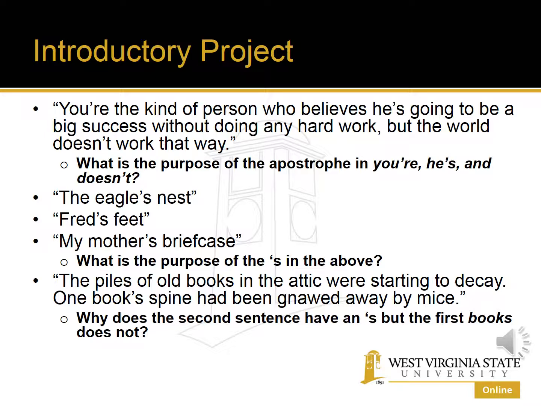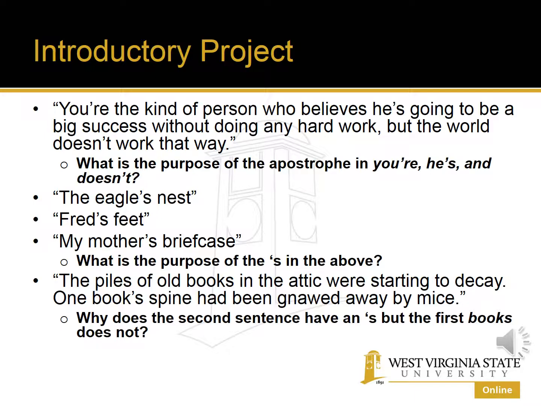And one last example. The piles of old books in the attic were starting to decay. One book's spine had been gnawed away by the mice. Why does the second sentence have an apostrophe S, but the first books does not? If we look at the sentence, books in the first sentence is a simple plural.